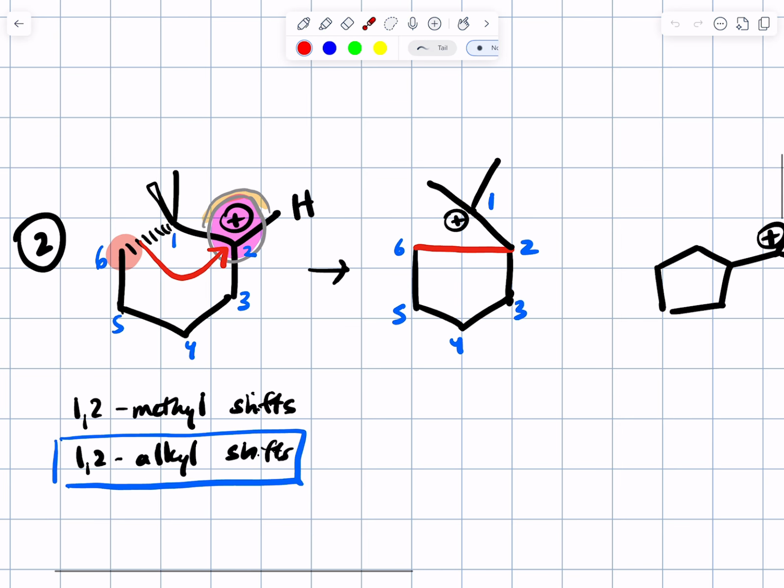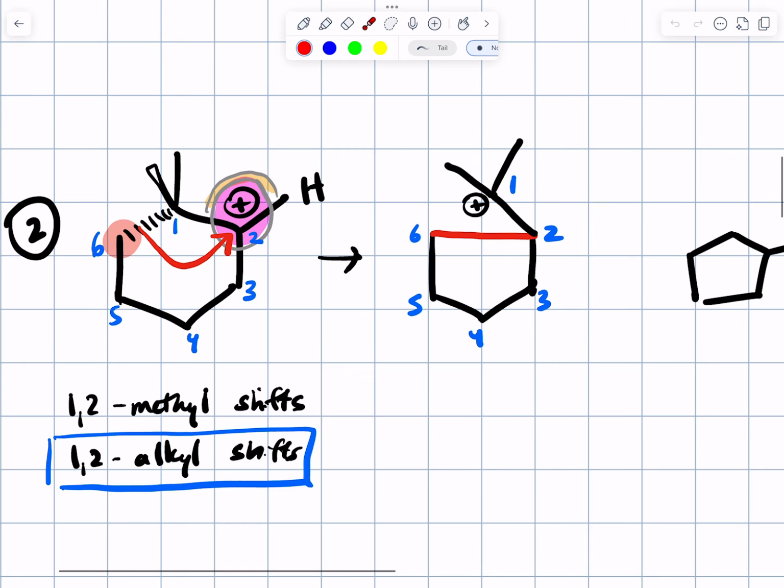And it contracts the ring from a 6-membered ring to a 5-membered ring. The reason this happens is because it allows a less stable secondary carbocation to rearrange to a more stable tertiary carbocation.